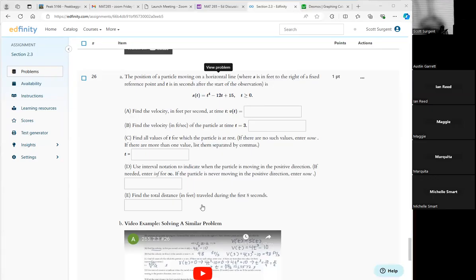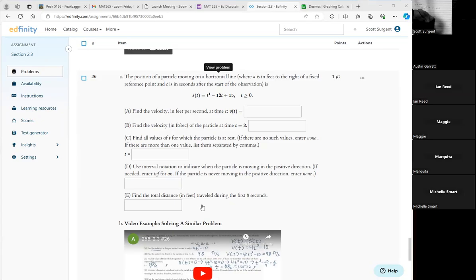The position of a particle moving on a horizontal line, where s is in feet to the right of a fixed reference point and t is in seconds, is given by s of t equals t to the 4 take away 12t plus 15. We're told that t is starting at 0. Find the velocity in feet per second.